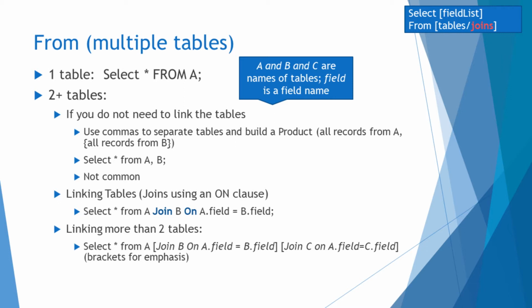So when we have more than one table, there are different ways that we can reference it. If you do not need to link the tables, if the tables are not related together with a foreign key or any other kind of join in a relationship, and I just want to pull all of the records from one, and for each record that is in my first table, I want to put all of my possible records for my second table.